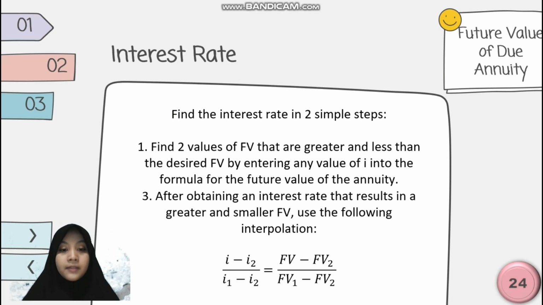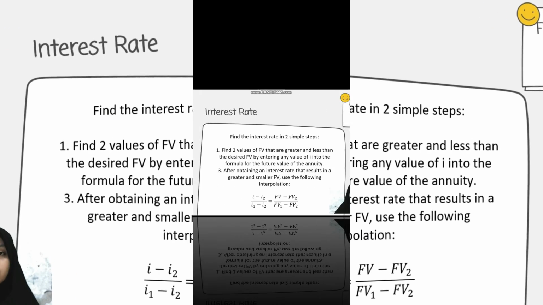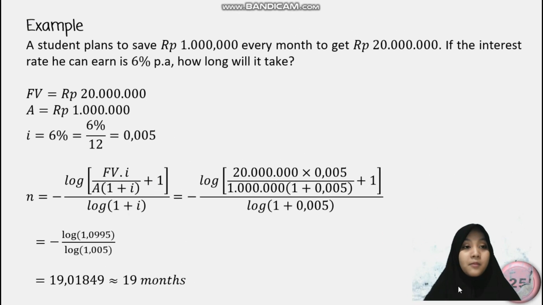And then after obtaining an interest rate that results in a greater and smaller future value, use the following interpolation. I minus I2 divided by I1 minus I2 equals future value minus future value 2 divided by future value 1 minus future value 2.